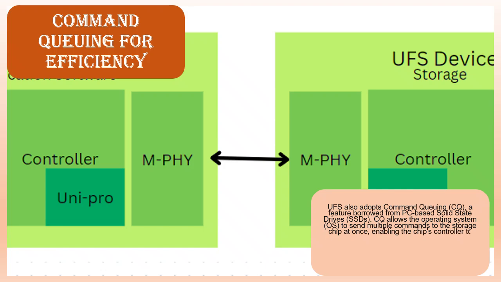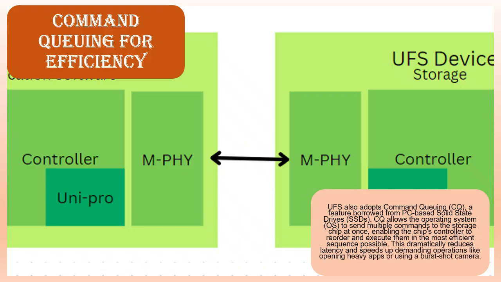CQ allows the operating system, OS, to send multiple commands to the storage chip at once, enabling the chip's controller to reorder and execute them in the most efficient sequence possible. This dramatically reduces latency and speeds up demanding operations like opening heavy apps or using a burst-shot camera.